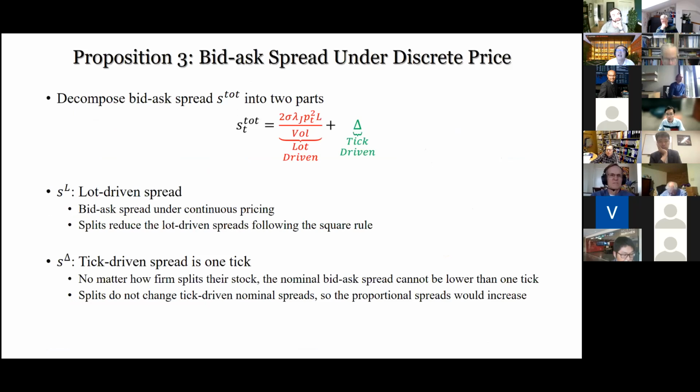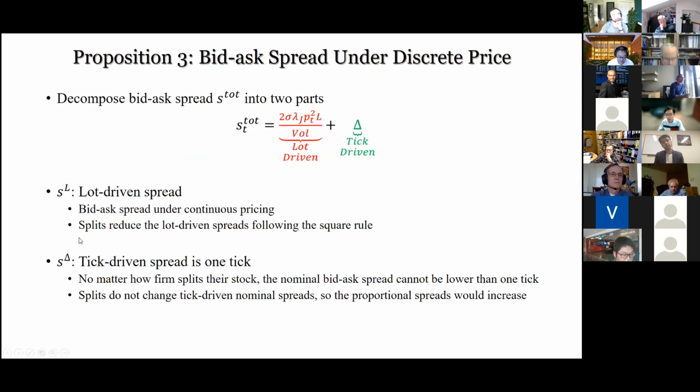That means if you look at the bid-ask spread of a firm, there are 2 parts. The first part is the law-driven part. The other part is the tick-driven part. The tick-driven part is always 1 cent. So let's call S_L the law-driven spread, and S_delta the tick-driven spread.